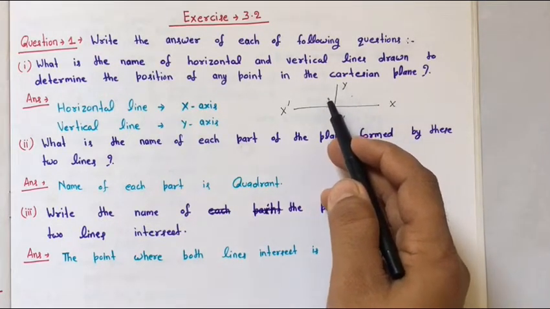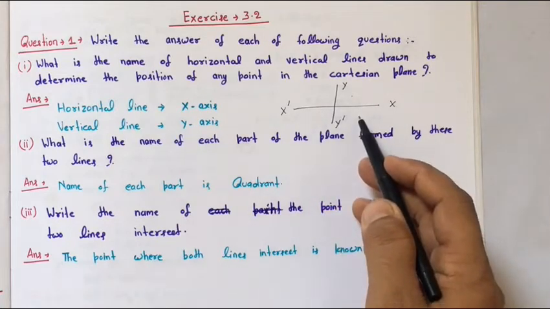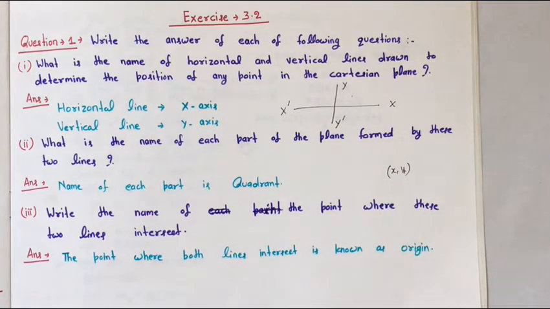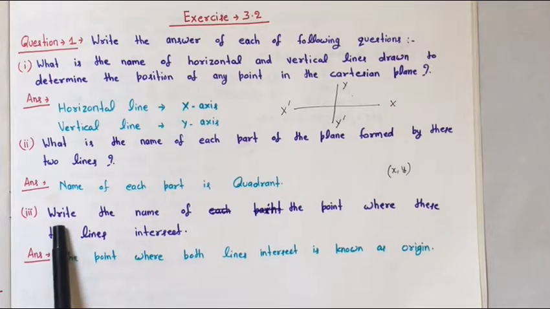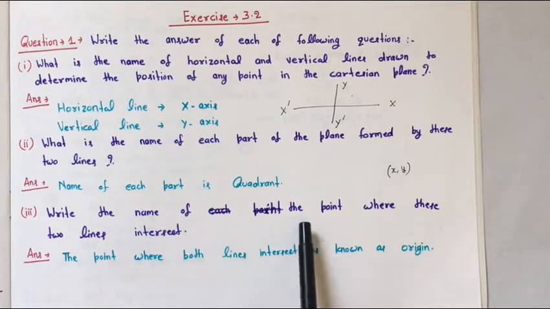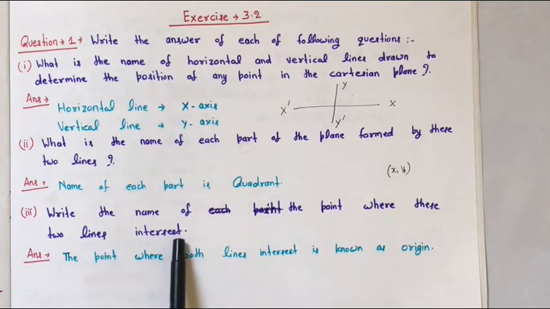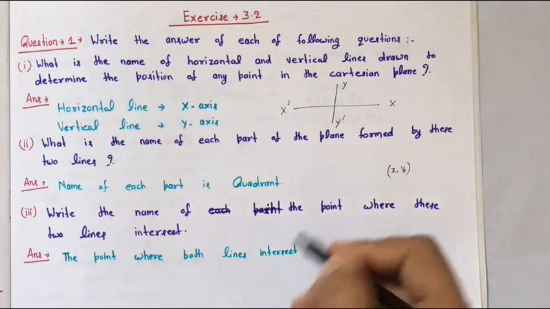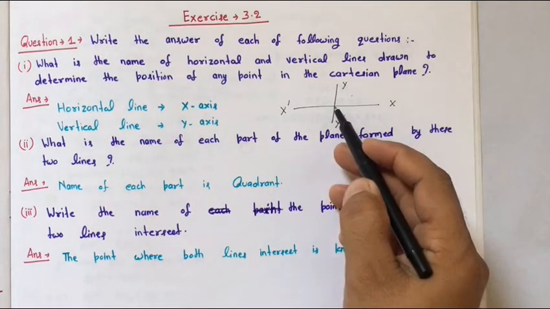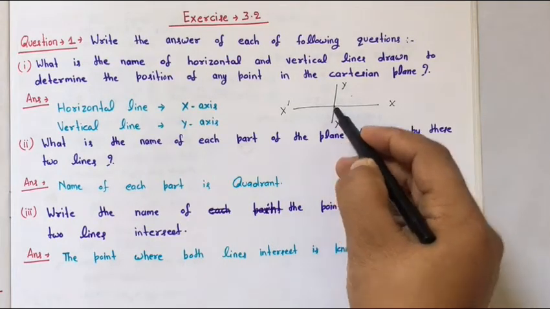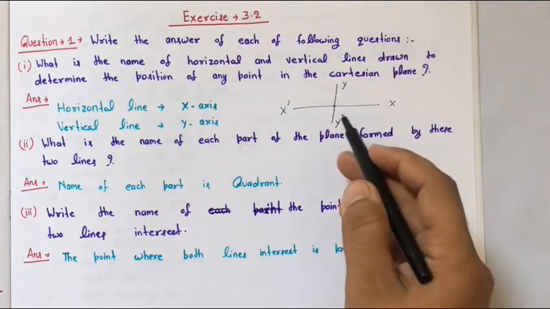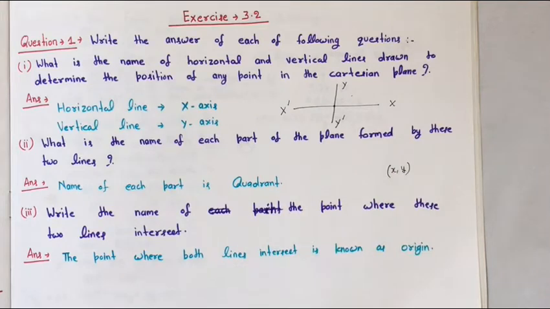Always we move in the anti-clockwise direction. Now the third question is: write the name of the point where these two lines intersect. We have to write down the name of this point. These two lines intersect at this point, and this point is known as origin. Okay, I think it is clear.